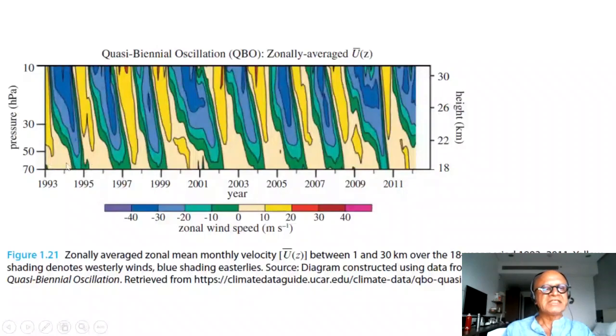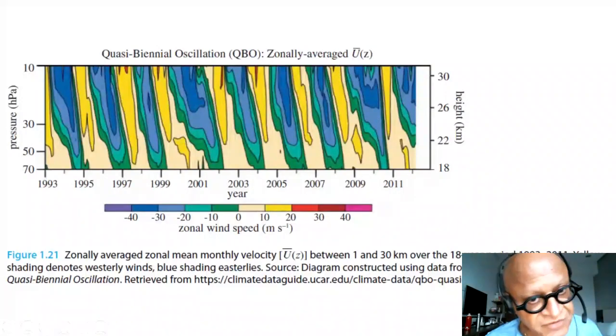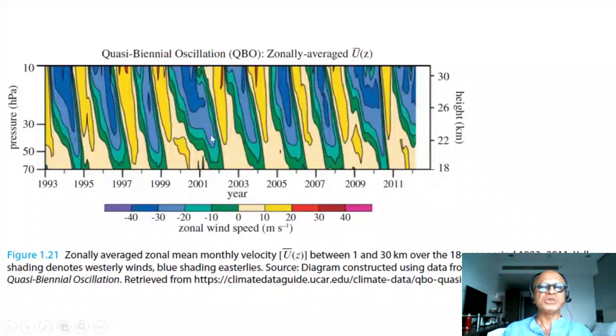It's a quasi-biennial time scale, but this also means there is a predictability to it. So when it starts here, you know that it's eventually systematically going to reach the surface. Okay, so the dynamics of this is somewhat well understood as well. It has to do with waves and the tropical, the stratospheric, tropospheric communications, gravity waves, and so on and so forth, that we will look at.